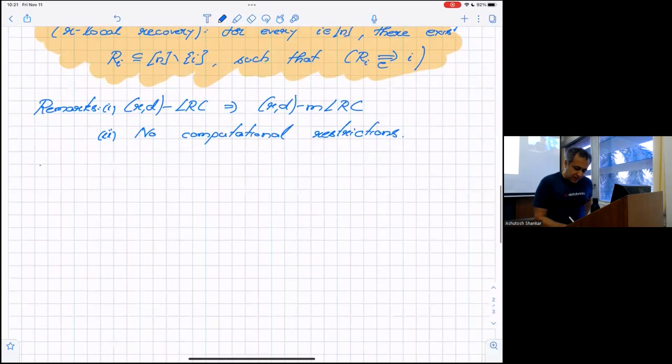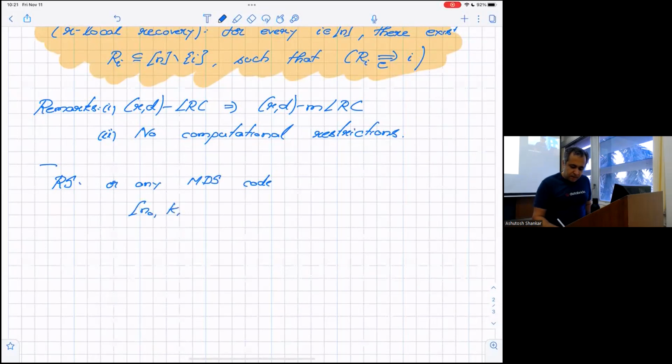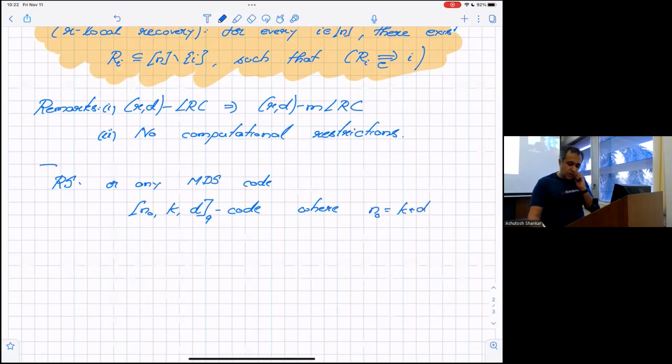In particular, let's take the Reed-Solomon code itself. So let's take a Reed-Solomon code, or any MDS code, which is say an N naught, K, D, Q code, where N naught equals K plus D minus 1.